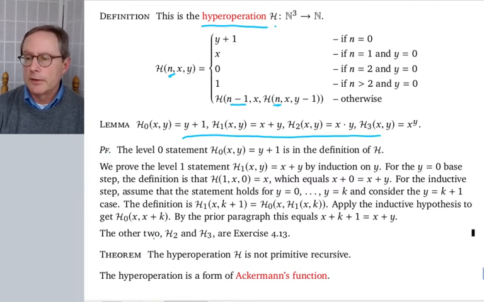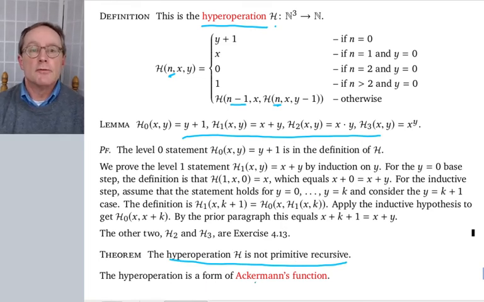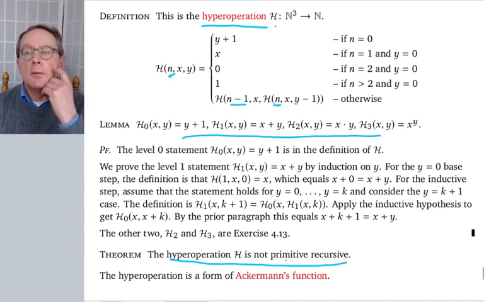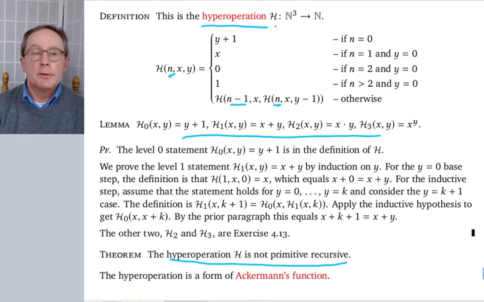And the theorem down at the bottom here is that the hyperoperation is not primitive recursive. It was shown by Hilbert's student Ackermann. You remember Ackermann from the Entscheidungsproblem? Same Ackermann. The hyperoperation is not primitive recursive. It has the property that the level 3 H is primitive recursive, the level 4 H is primitive recursive, the level 5 H is primitive recursive.